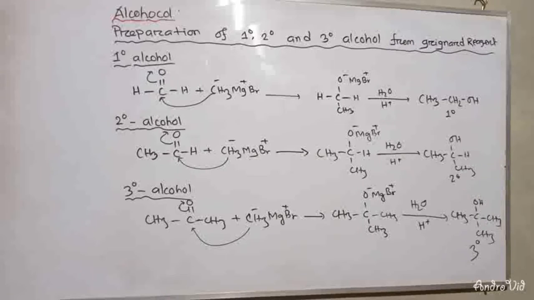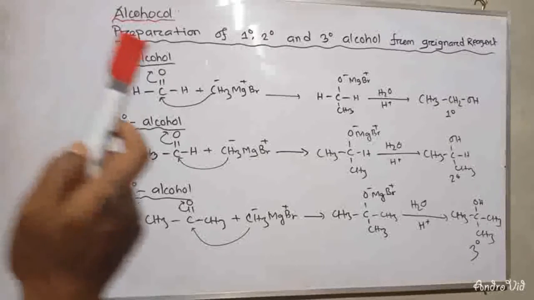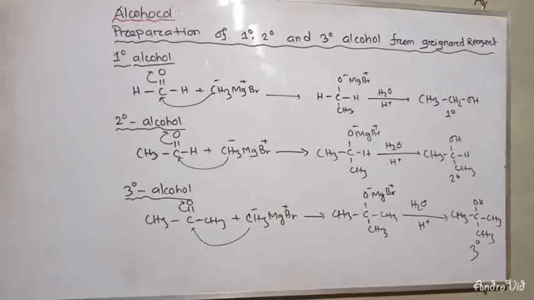Again, if you want to prepare 1 degree alcohol, you just use methanal as reactant. From methanal you can easily prepare 1 degree alcohol. The rest of the aldehydes except methanal you can use to prepare 2 degree alcohol, only 2 degree alcohol. Okay, you can take propanal, you can take ethanal, you can take butanal, any kind of the rest of the aldehydes you can take to prepare 2 degree alcohol.